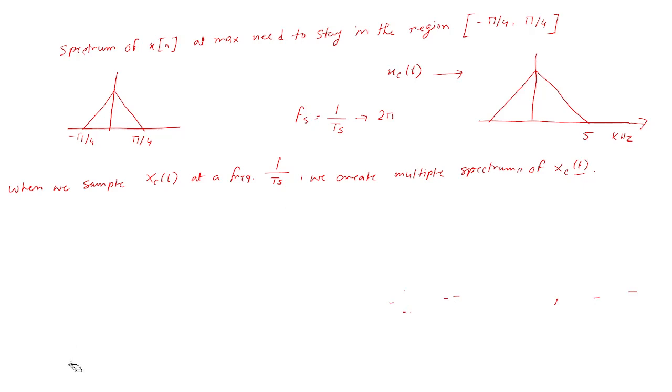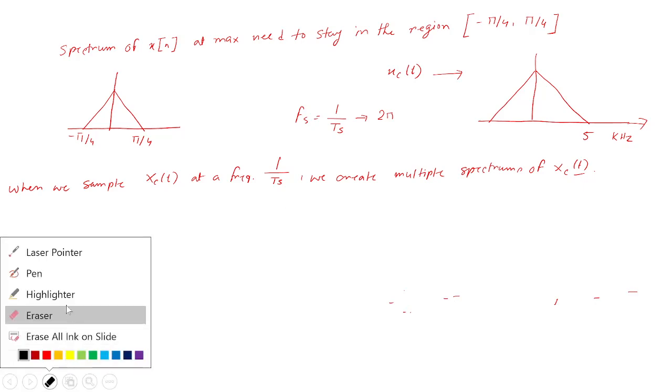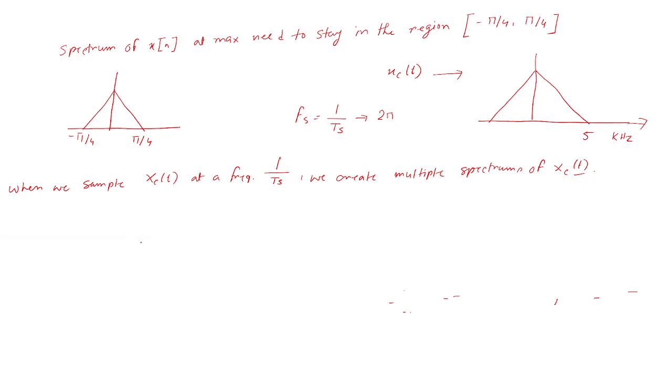Okay, fine. Let me correct myself. So the spectrum of xn should be something like this, as it is mentioned here. It is at 2 pi, and somewhere here it is minus 2 pi.